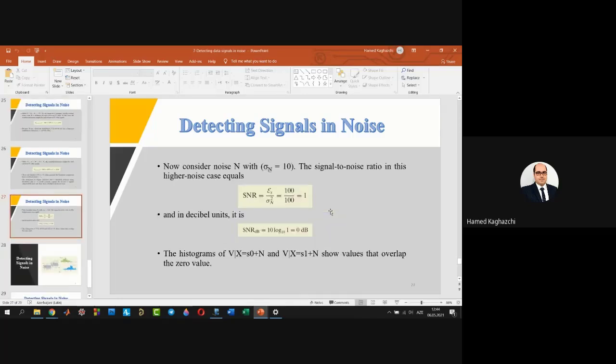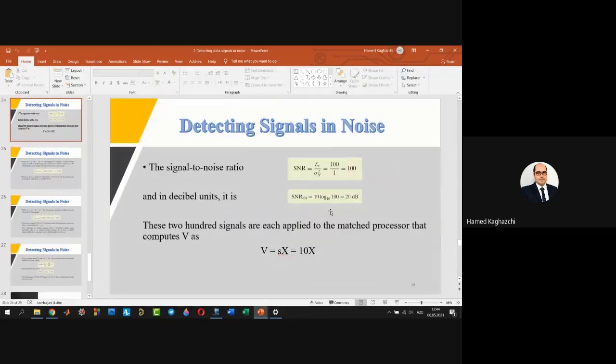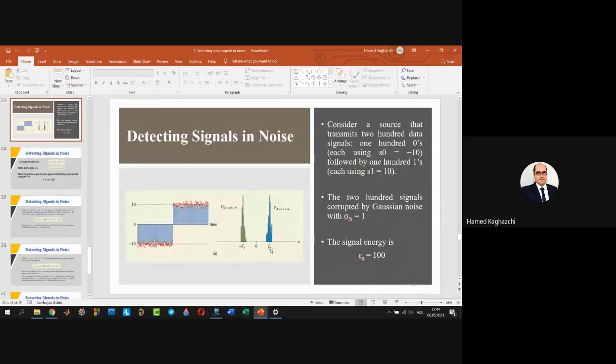If I draw, look at here, the energy of S and minus energy of S, I can find that if I define 0 as threshold, I can detect my 0 and 1 from each other, regardless of the value of noise.